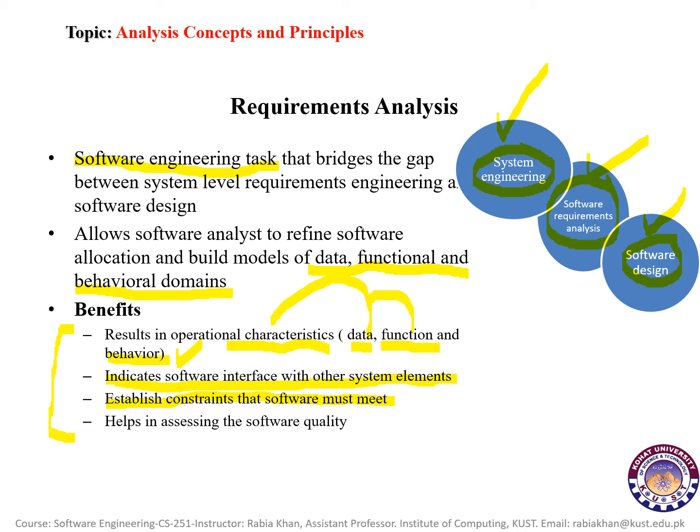The final benefit that you get out of requirement analysis is software quality. The requirement specification provides the developer and the customer with the means to assess the quality once the software is built. So you have all the written requirements in your hand.